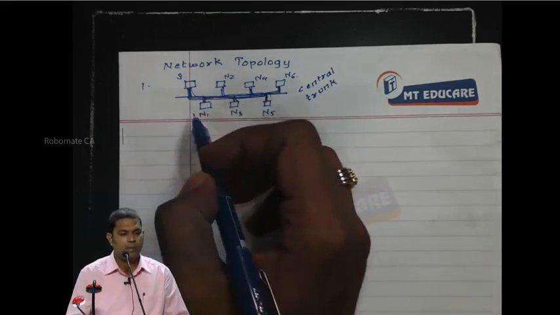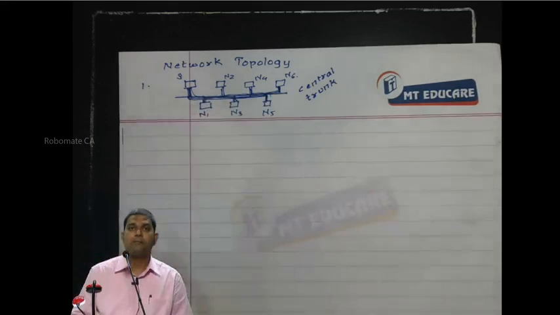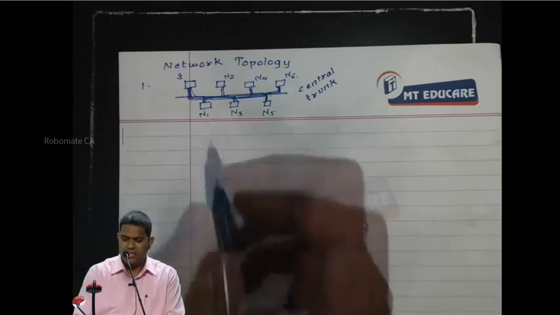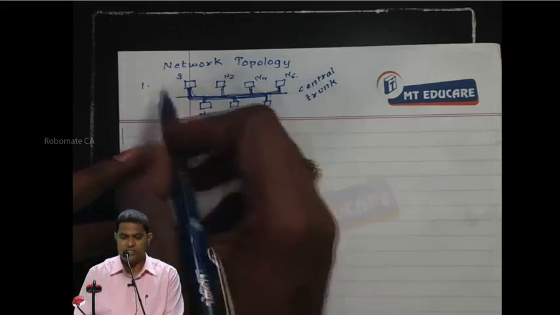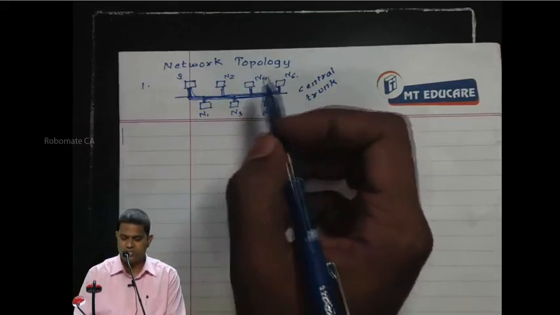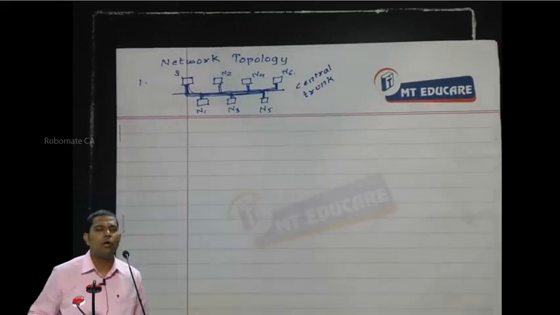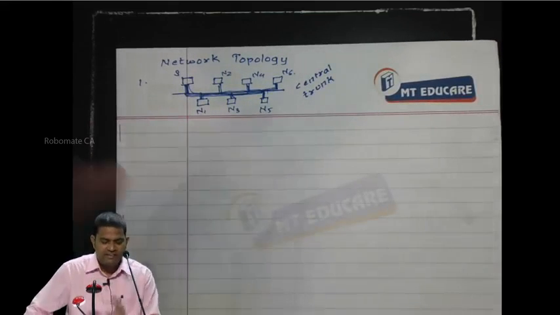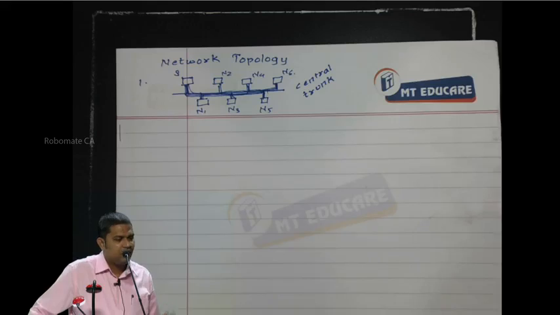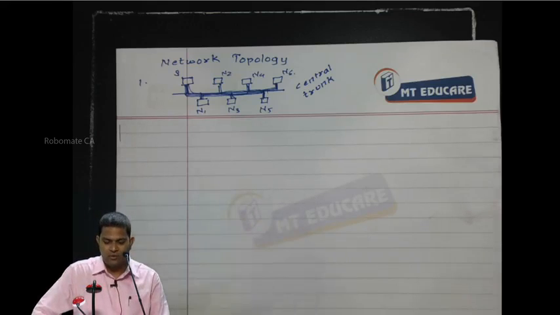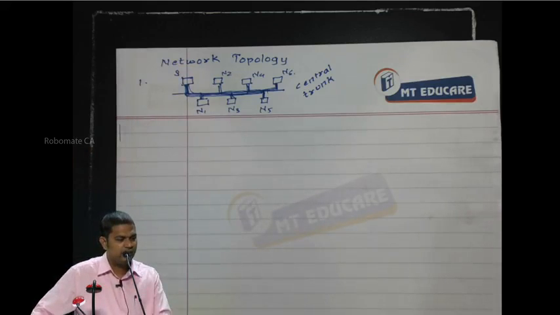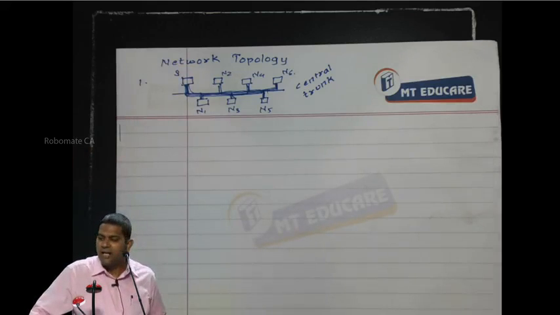Then data transmission is fast, even though it is repeated. Adding a node and removing a node is very simple in bus topology. Just put a T connector, add the node, connect it to the server, get an IP address, and it is done. If you want to remove it, just remove it, finish. Adding and removing a node is very simple.